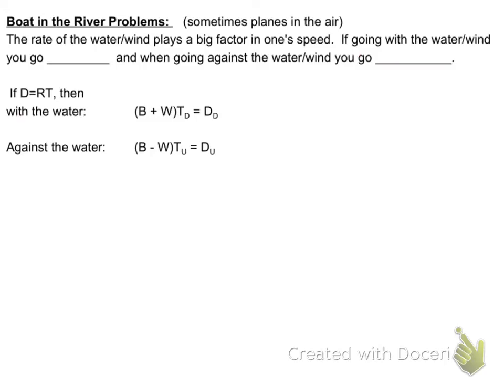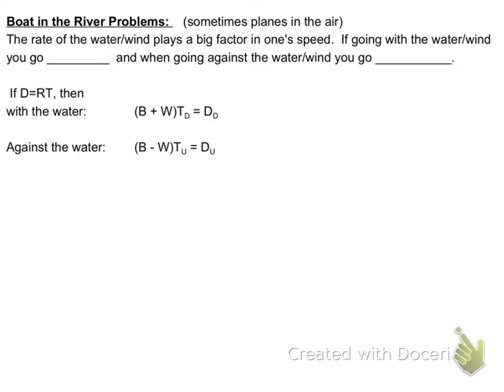Now, what we have here now is called boat in the water problems or boat in the river problems. Doesn't necessarily have to be a boat. It could be an airplane in the sky, in the wind. It could be you riding a bike in the wind, because we know that the rate of the wind or water plays a big factor in your speed. If you are going with the wind or water, you go faster.